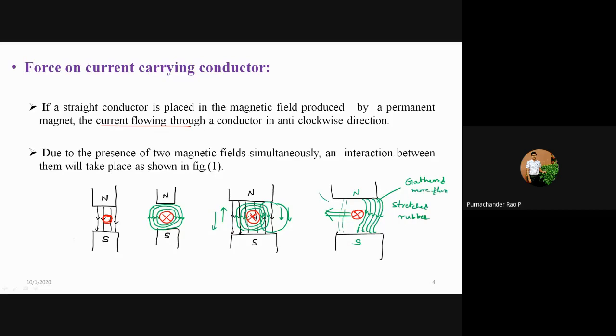At this side the flux is weakened, and therefore these flux lines look like a stretched rubber, and will exert a force on the conductor, and this conductor will try to move in this direction. So this is the direction of the force.